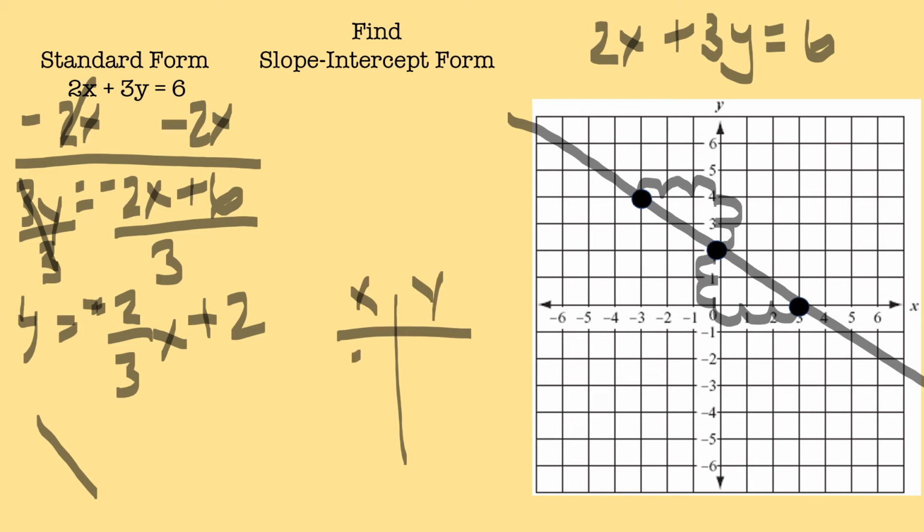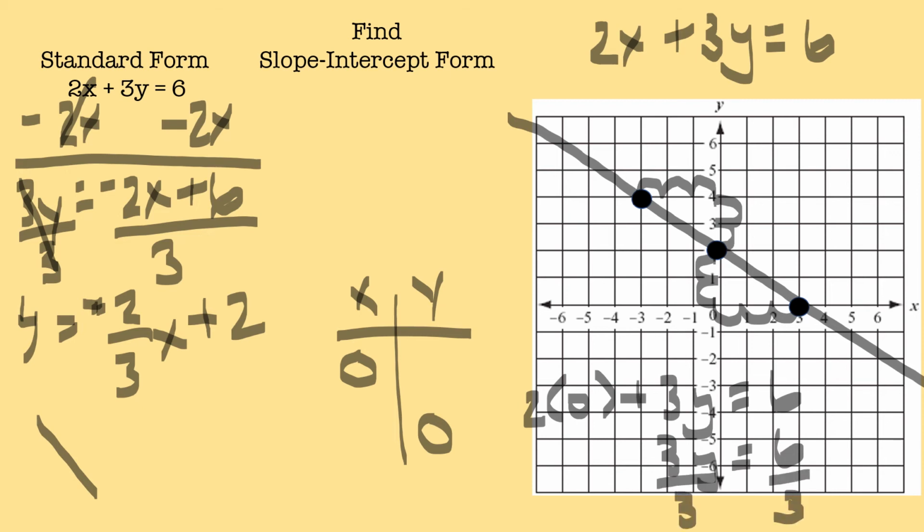So basically, you plug in 0 for x, you plug in 0 for y, and when you do that, you get, on the first one, 2 times 0 plus 3y is equal to 6. That's when I plug in x. So I end up with 3y is equal to 6. Divide each side by 3. I get y is equal to 2.